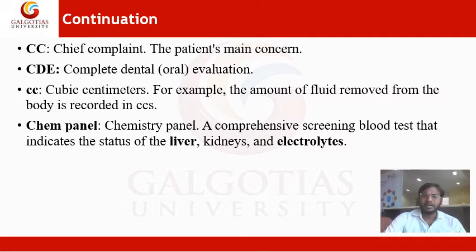Next one, chem panel, chemistry panel. Under the chemistry panel, we can diagnose with a blood test: liver abnormality, kidney abnormality, and electrolyte abnormality.